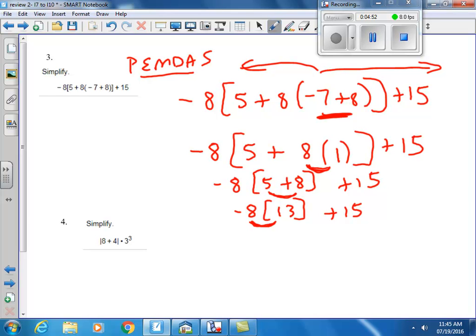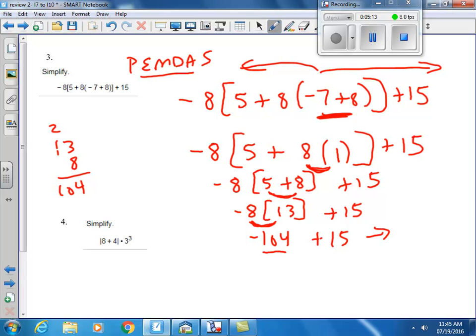If you have to, go off on the margin. Never mess up your thoughts. So go off on the margin and take 13 times 8. 104, but it's going to be negative, right? Because a negative times a positive is a negative. So negative 104 plus 15. When you arrive there, think about money.